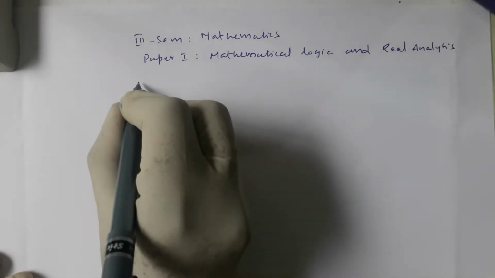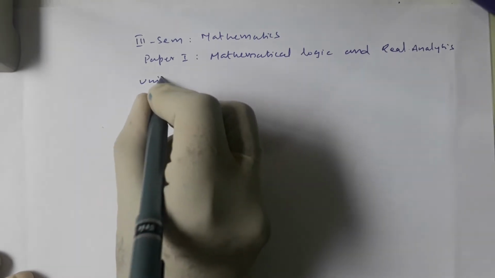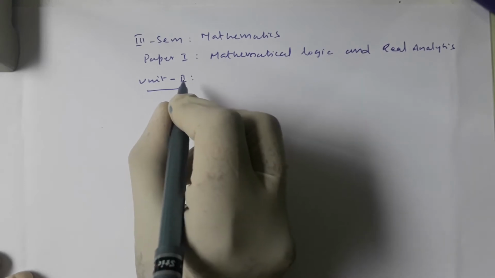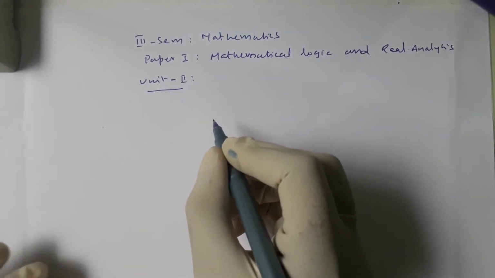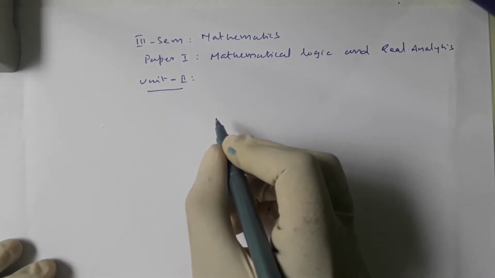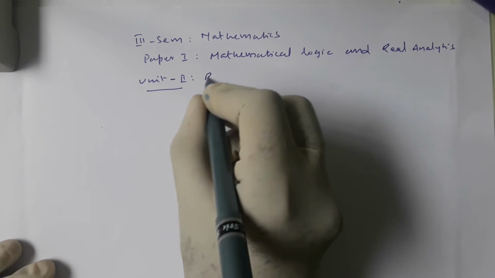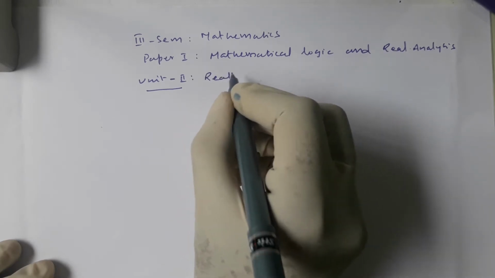So let us see the Unit 2, because Unit 1 is the mathematical logic and it is the independent topic, whereas from Unit 2 onwards it is real analysis.